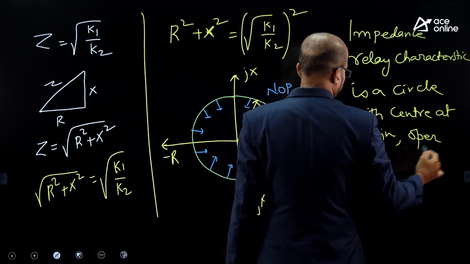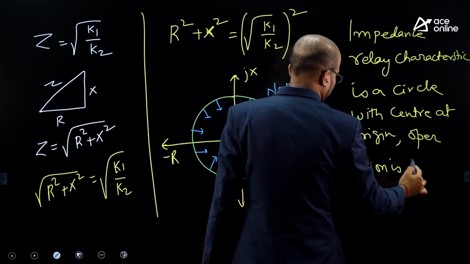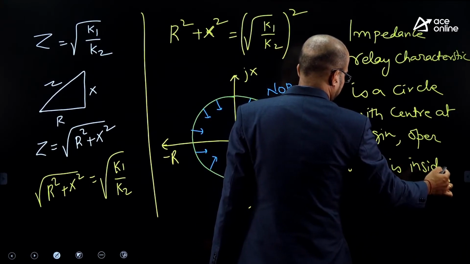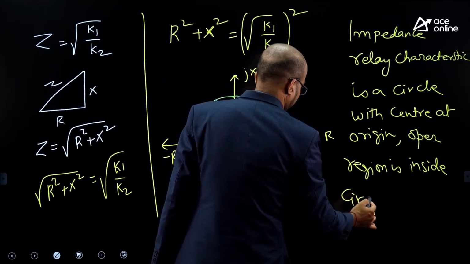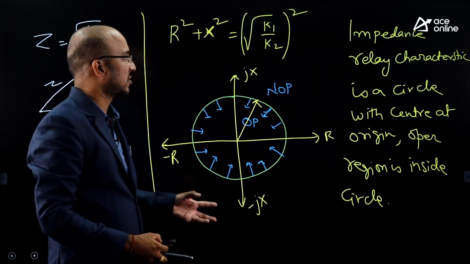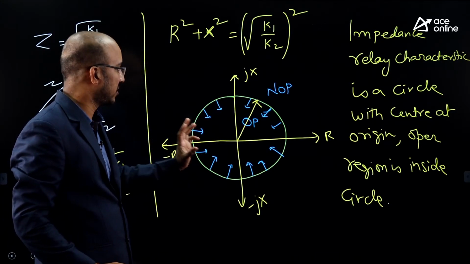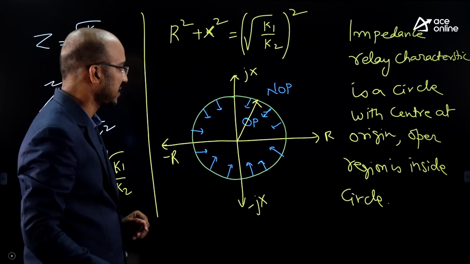Operating region is inside the circle. So impedance relay characteristic is a circle with center at origin, and the operating region is inside the circle.